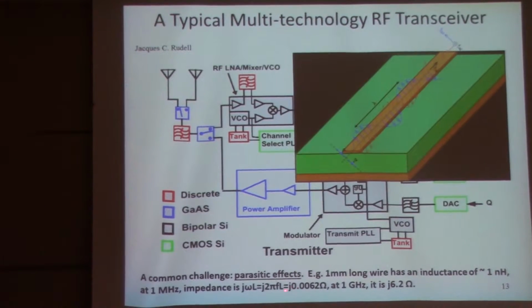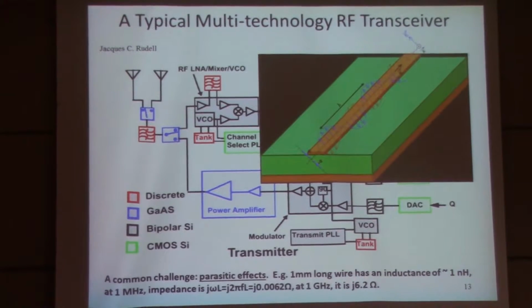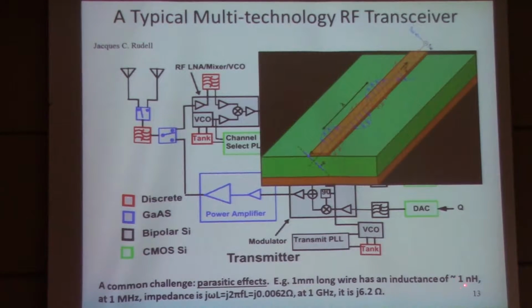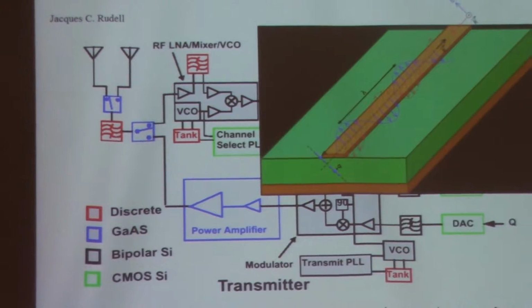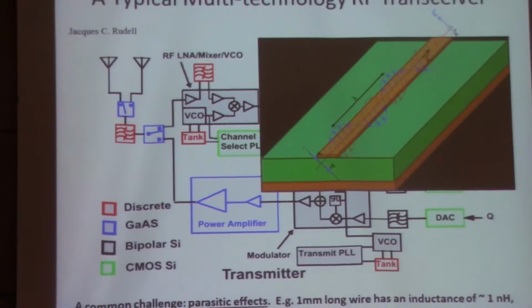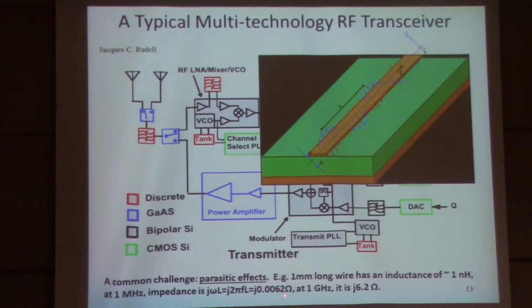Here's an example I show you. If you have a 1 millimeter long wire, 1 millimeter is not very long, the rule of thumb is its inductance is about 1 nanohenry. If you are dealing with a circuit or signal at 1 megahertz, it's okay. You calculate the impedance, right? J omega L. That gives you 0.0062 ohm.